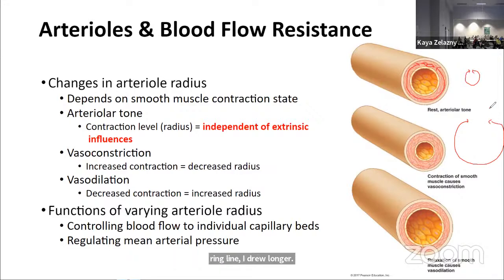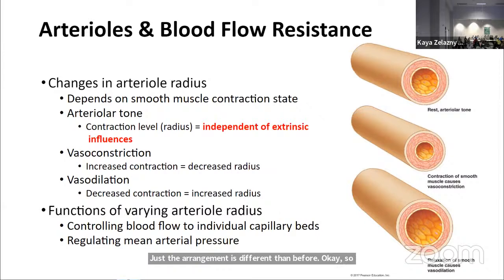So just think about squeezing and expanding our ring, because we're still just shortening and lengthening, just the arrangement is different than before. The arterial radius is going to depend on how contracted that smooth muscle is. If it's more contracted, we get a little skinny arteriole. If it's more relaxed, we get a big, dilated, large radius arteriole.